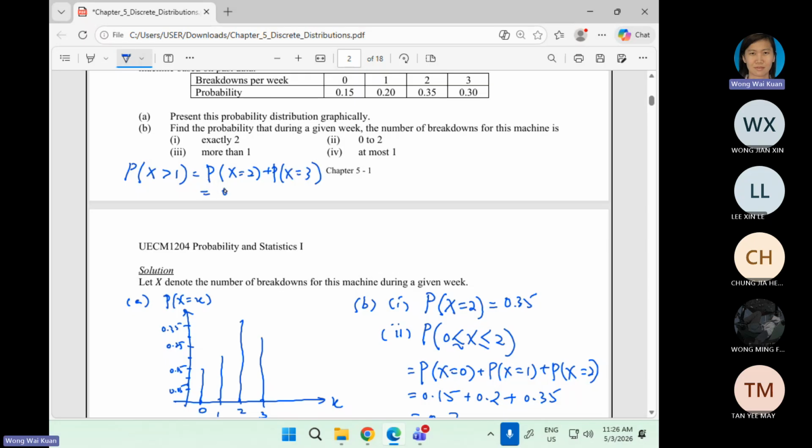X equals 2 we have 0.35, X equals 3 we have 0.3, so we have 0.65. Then what about at most 1?